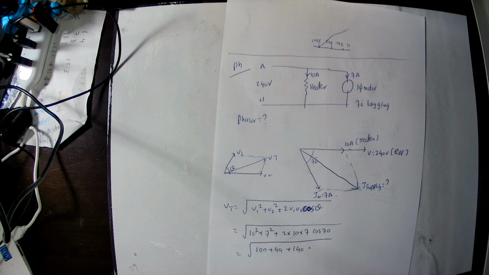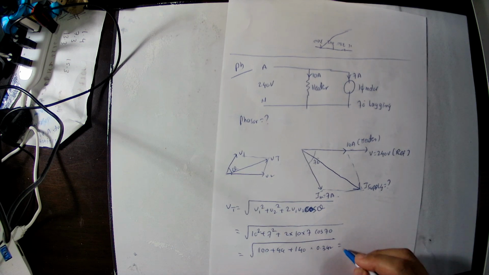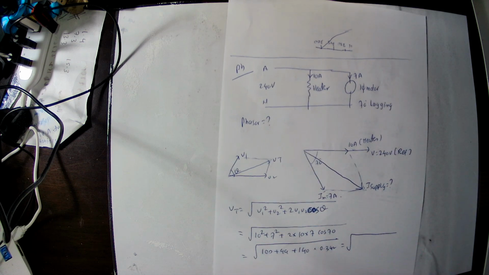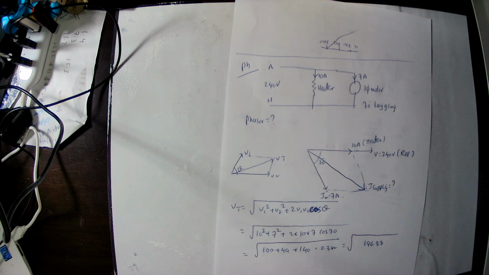So cos 70 is 0.342. By solving this, 140 multiplied by 0.342 plus 149 is 196.88. So square root, there will be 14 ampere.